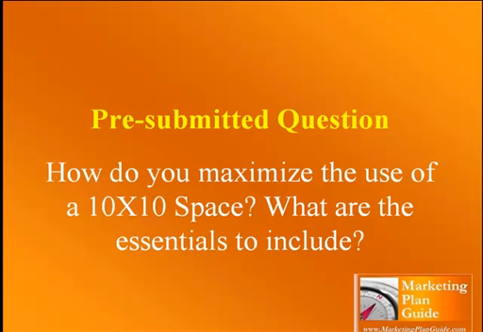So when you think about leveraging that, and then looking at the essential components to include, I'm sure that the questioner was curious about the hard side of things, or the goods, the exhibit itself, and the tables and the positioning of that. And so we're going to address it from that perspective.